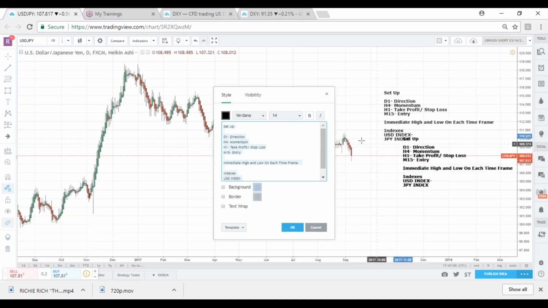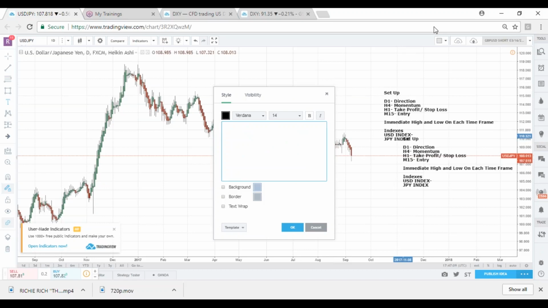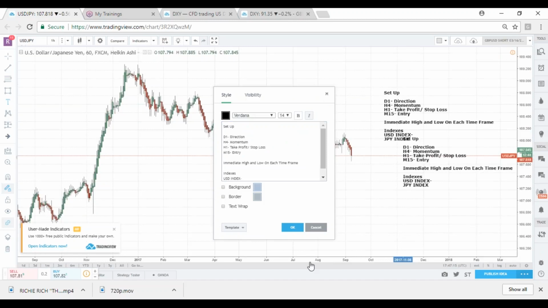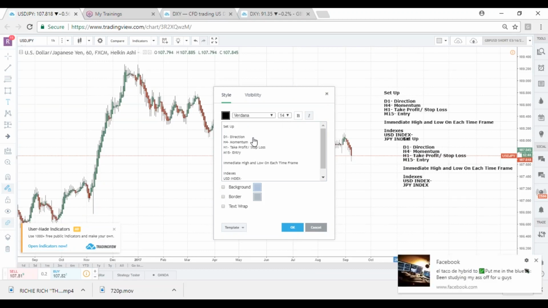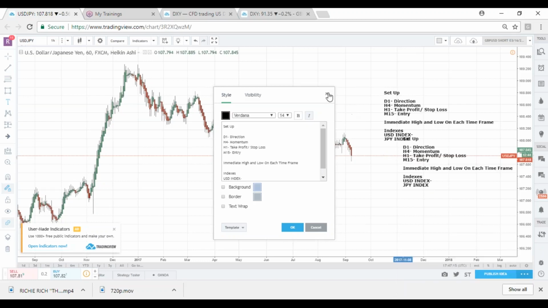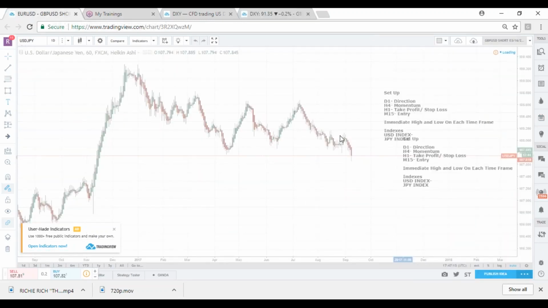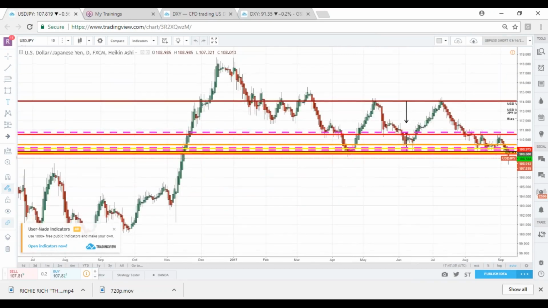I'm gonna double click on the text bar. Come on. Oh man. What the hell just happened?